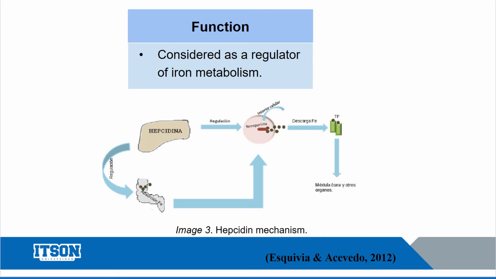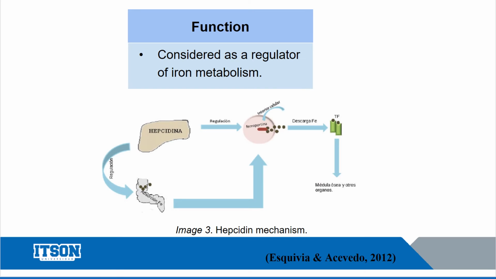In the image, you can see the mechanisms of action of hepcidin. Hepcidin regulates the function of ferroportin inside the cell. Ferroportin exports iron from the cell and discharges it into transferrin, which transports iron to the bone marrow and other organs.